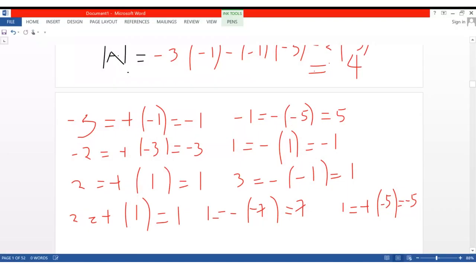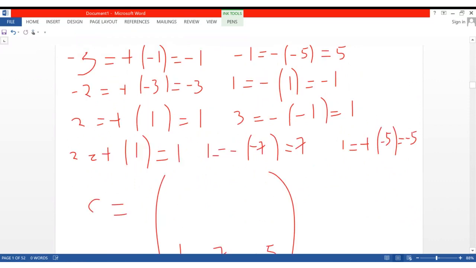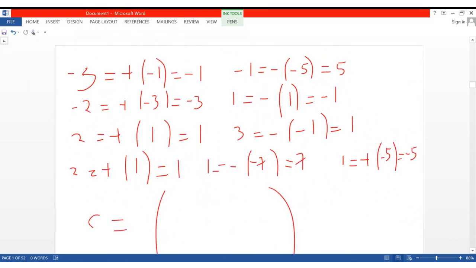The matrix of cofactors, I can easily make it. I start with the last three, that is 1, 7, negative 5. The first one, negative 1, negative 1, 5, negative 3. And I have here negative 1, 1, and 1.